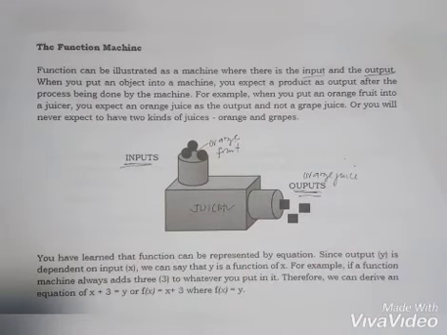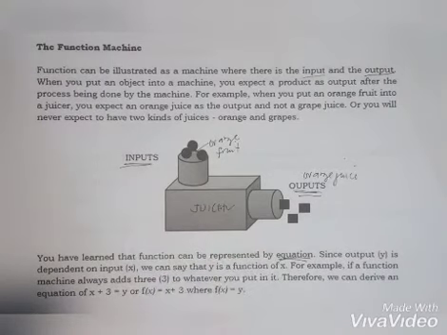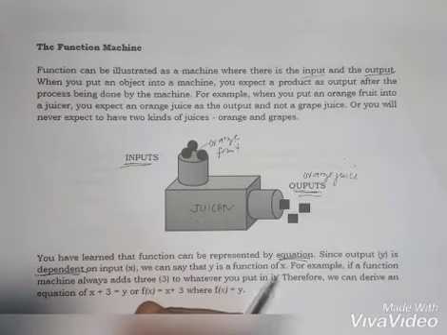So a function can be represented by what we call an equation. You are very familiar with this. Since output y is dependent on input x, when we say dependent, the value of y depends on the input x. So we can say that y is a function of x.